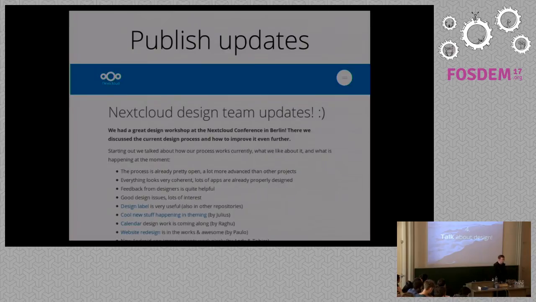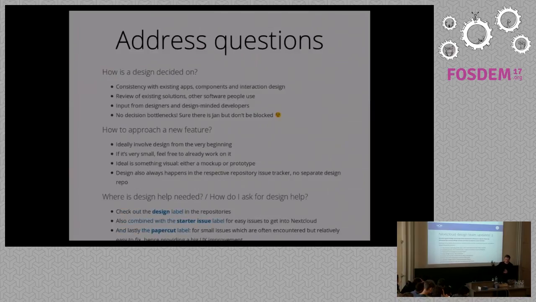For example, also publish updates which are specifically about design. Unfortunately, blogging is always something which is neglected, I have the feeling, and we are guilty of that too. But sometimes we have design team updates, and when we had a discussion at the conference, we have a bunch of info, how to get involved, some feedback, what was good, and then also we had three good questions that we discussed.